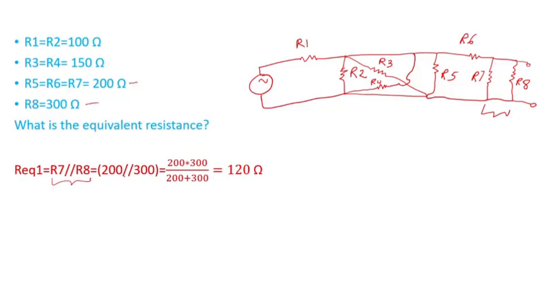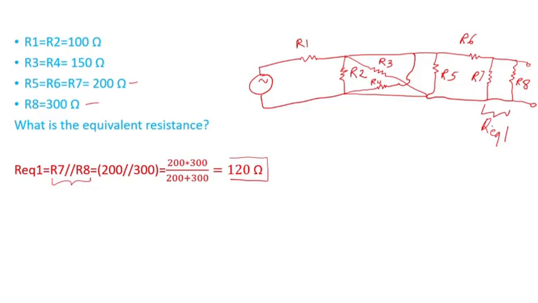With two resistors in parallel, it's just their product divided by their sum. So that's what I'm doing here, and I get 120 ohms. So this is R equivalent 1.